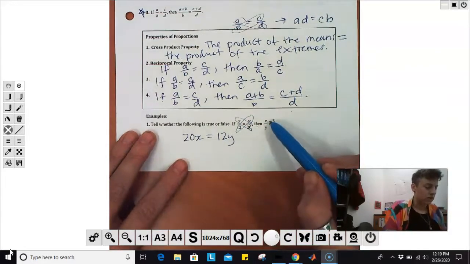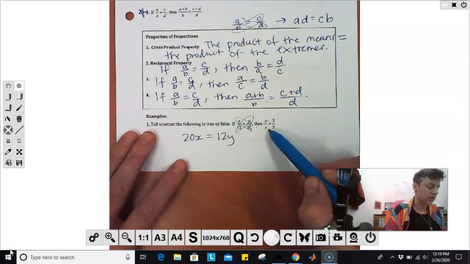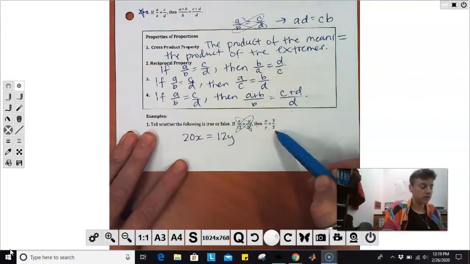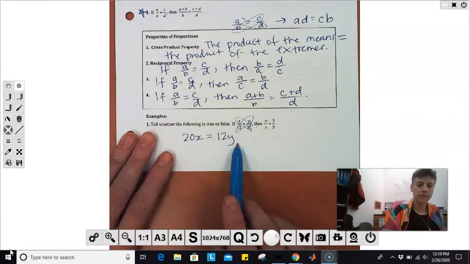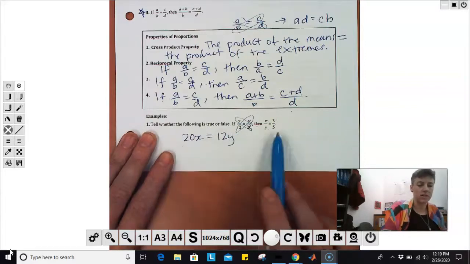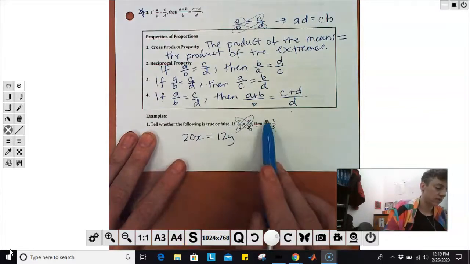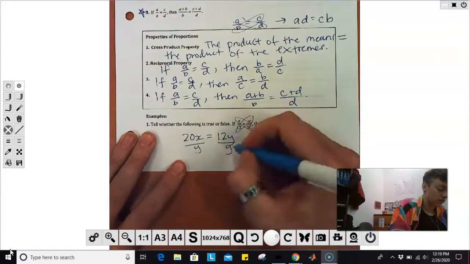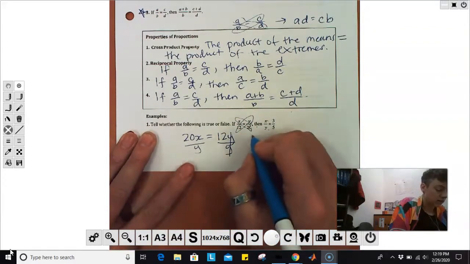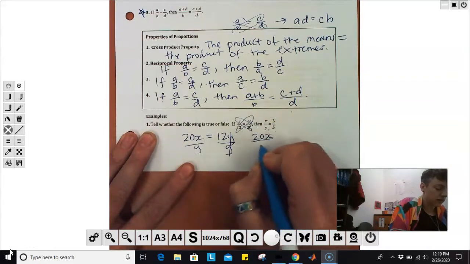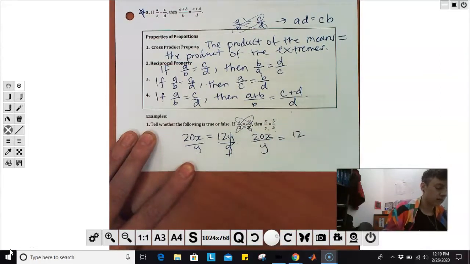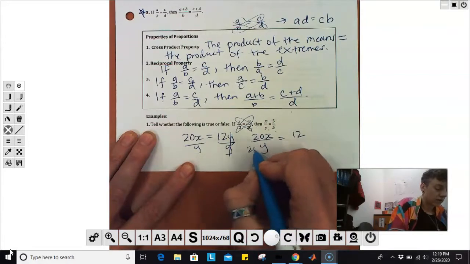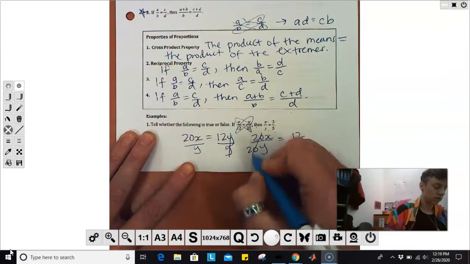Then is it true that when we have x over y, we get 3 over 5? So let's try to arrange this cross product to be a fraction that has x over y. So let's divide both by y. So those y's cancel. Now we get 20x over y equals 12. Let's divide by that 20 on both sides. So those cancel.